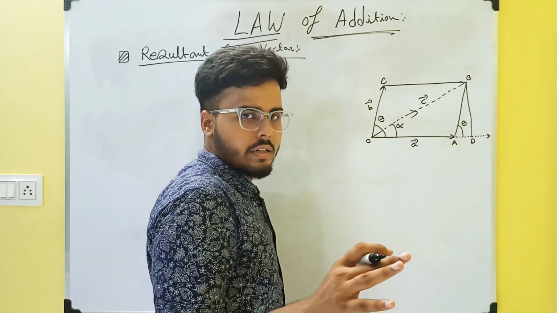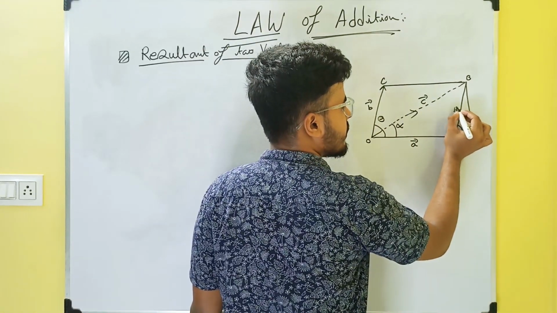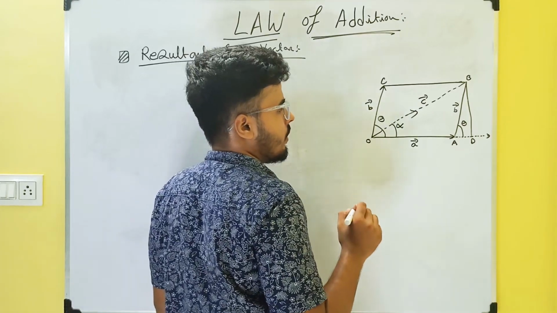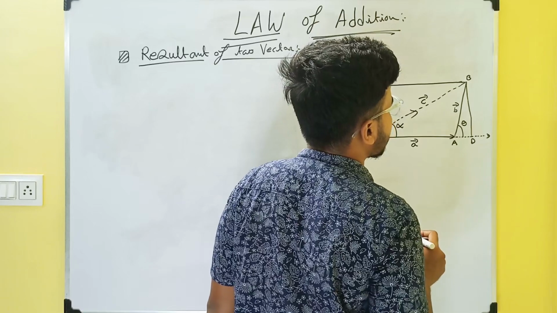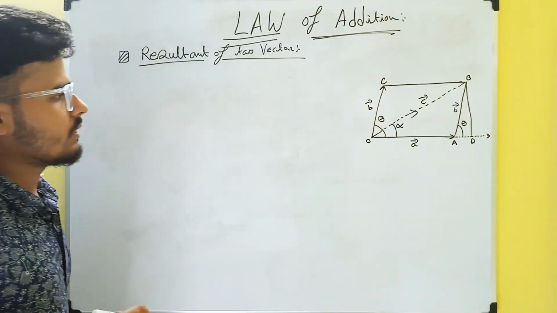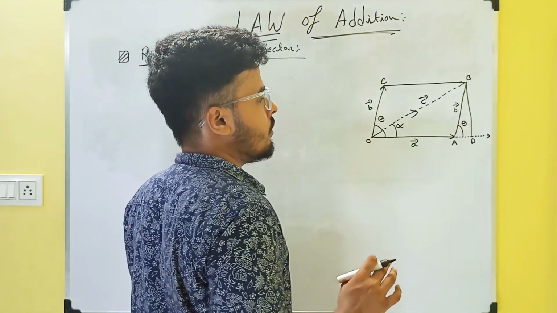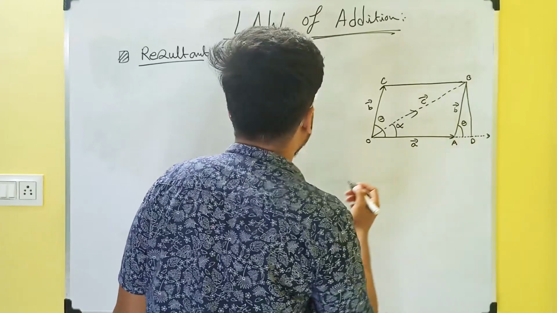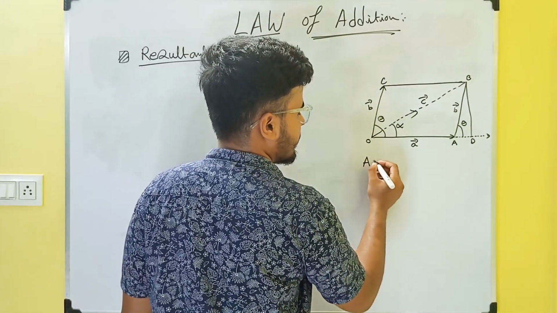We know about parallel shifting, right? So if this is vector B, we can write that this one is also vector B. Now, what is vector B, or let's just say, what is AD?